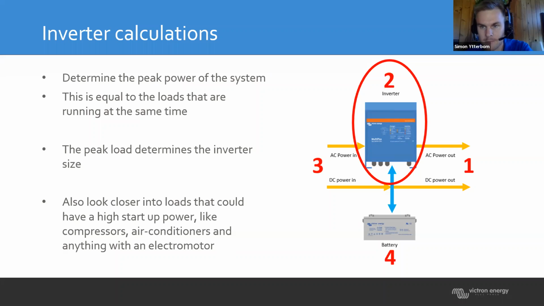A large inverter has bigger transformers, FETs, and the circuit board requires more power, so the standby power is a lot higher, and an inverter is most efficient when it's working close to its max continuous output. So putting a very small load on a big inverter is not very efficient. So we'll try to pinpoint the smallest possible inverter for the system that's still able to power all your loads, of course.